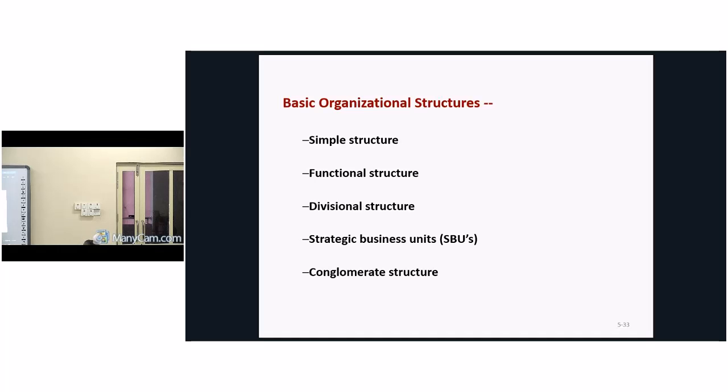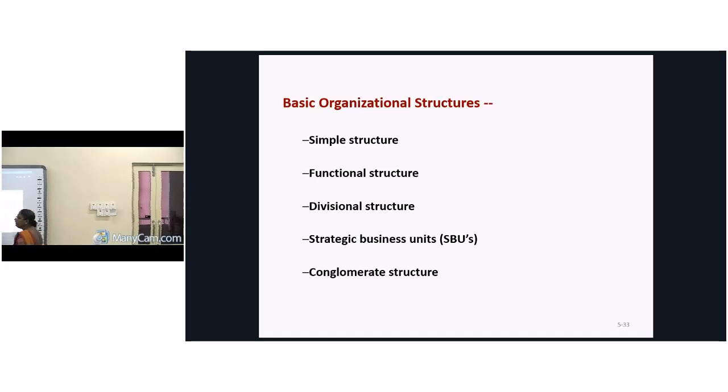Divisional structure is also similar, with divisions like corporate division, loan division, savings division, likewise different divisions. Then strategic business units. Likewise different organization structures are also internal strategic factors.